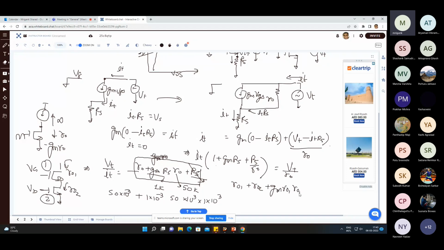Here we can say that GM RO1 as well as GM RO2 in most cases may be a large number because it reflects the intrinsic gain of a MOSFET. It may be anywhere between 10 to 100, and therefore I can probably ignore the individual RO1 and RO2 as compared to GM RO1 RO2. So depending upon the value, we can take only this product term.